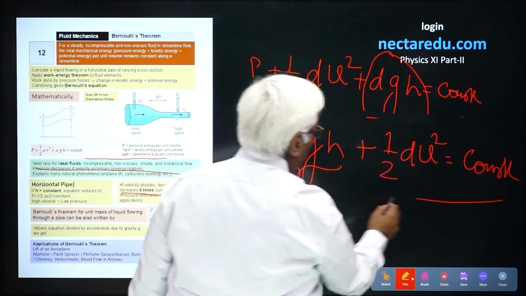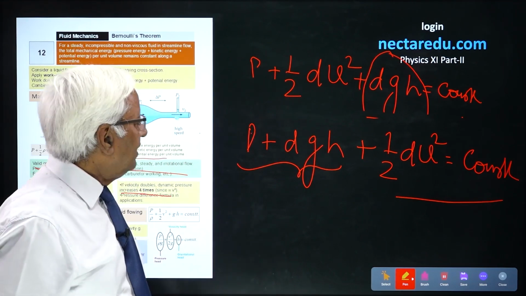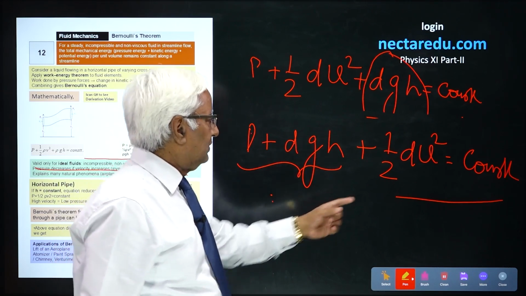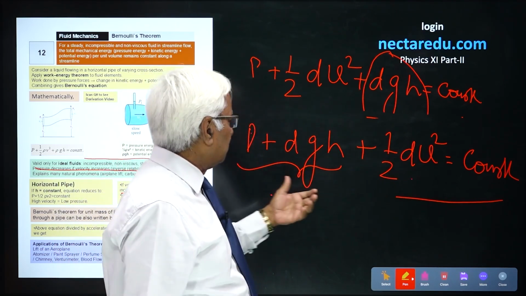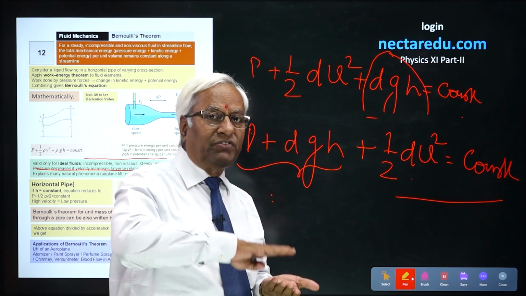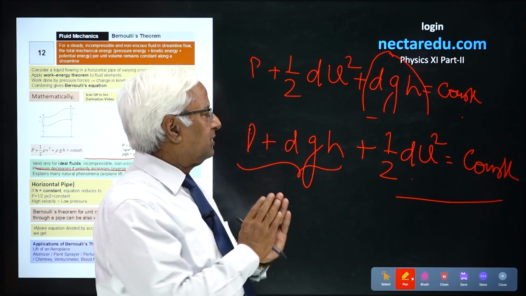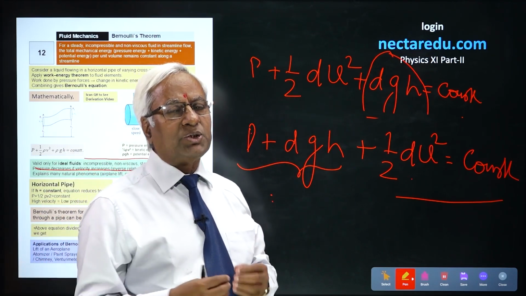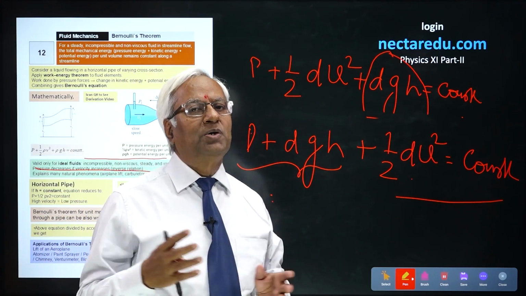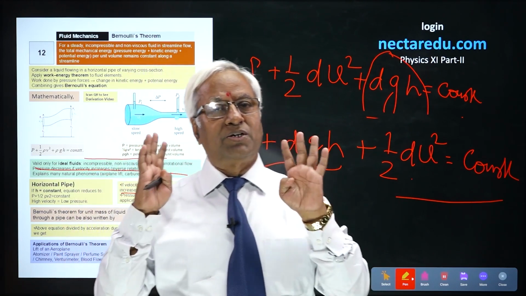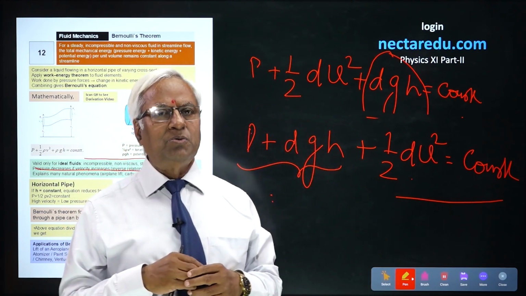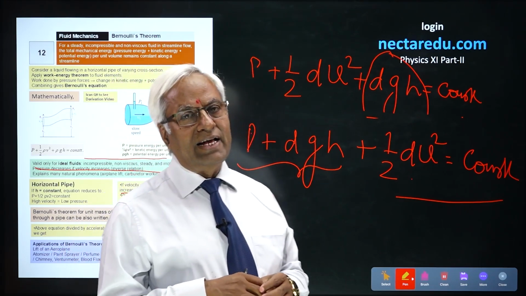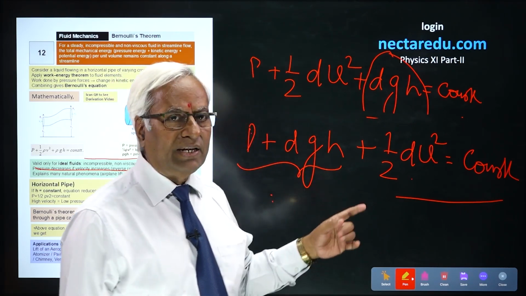So this theorem could also be interpreted by this method: the sum of static and dynamic pressure remains constant throughout for an ideal fluid in streamline flow. This is another version. So, overall, I have told you four versions of Bernoulli's theorem. You could use any version depending on your choice, as and when required.